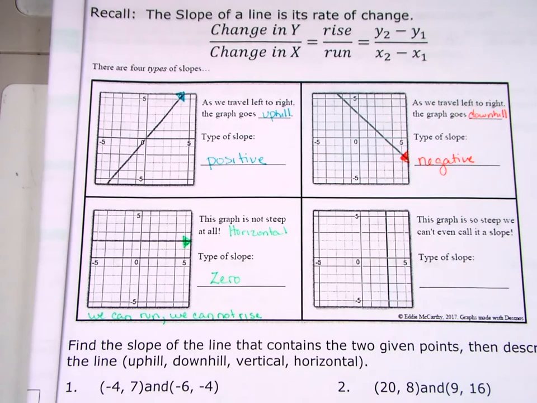So that means my rise is a 0. So it's 0 over some number. You can put that in your calculator. 0 divided by whatever is going to be 0. If I have $0 and I divide it amongst all of us in this class, we're all going to get 0.